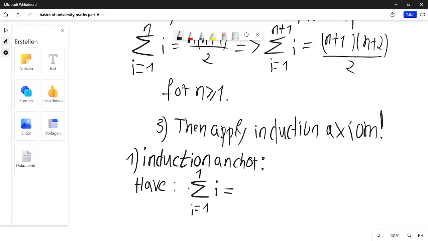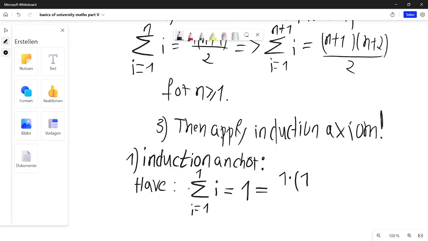Now, in that sum, we have only a single sum term, right? We go from 1 to 1. That is a single sum term, and the i that participates is just i equal to 1. And this is hopefully equal to, oh, now you could write it down rigorously, but I just plug it in immediately.